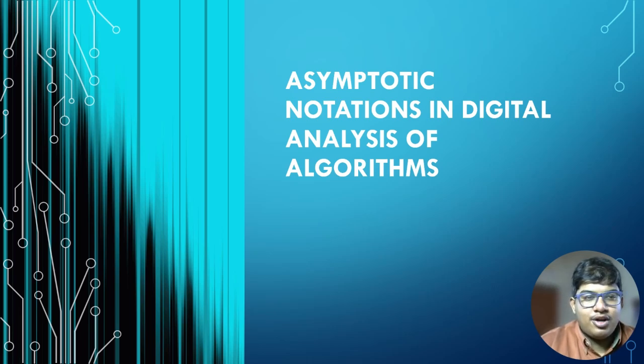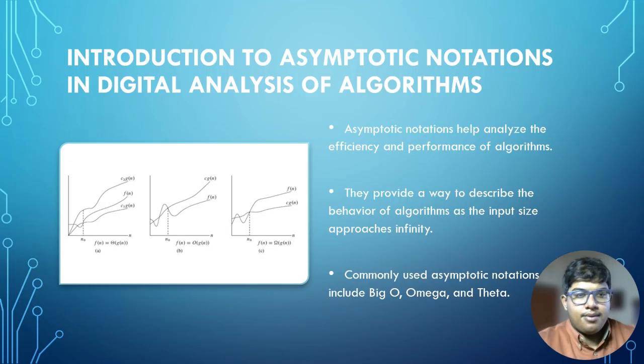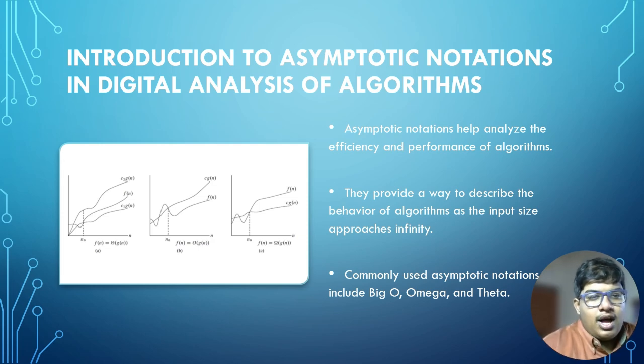Today I am going to be talking about the topic asymptotic notations in design and analysis of algorithms. So let's see, let's know what it is first. Asymptotic notations in analysis and design of algorithms, or what you call DAA or ADA, help in analyzing the efficiency of a given algorithm.